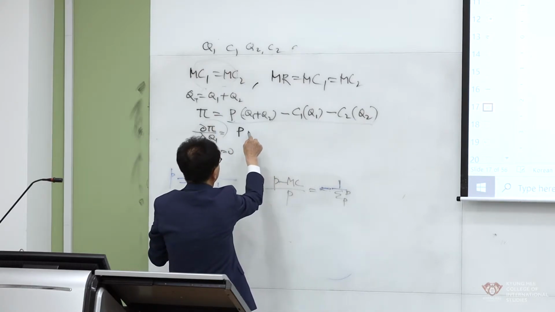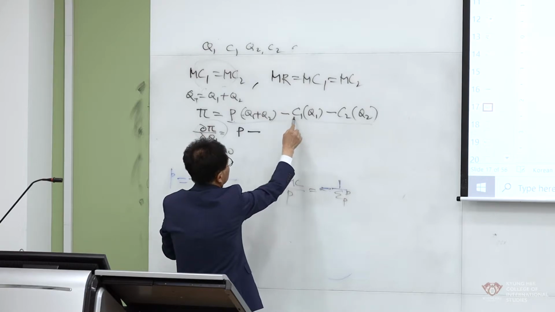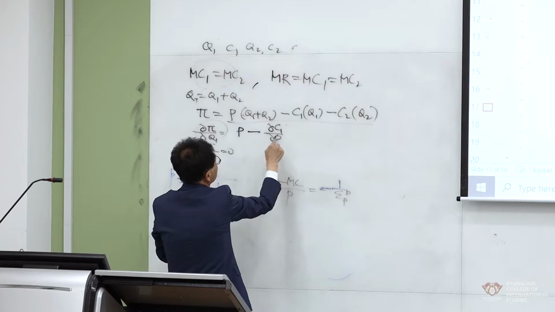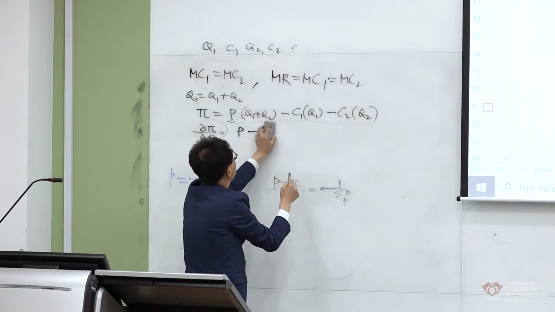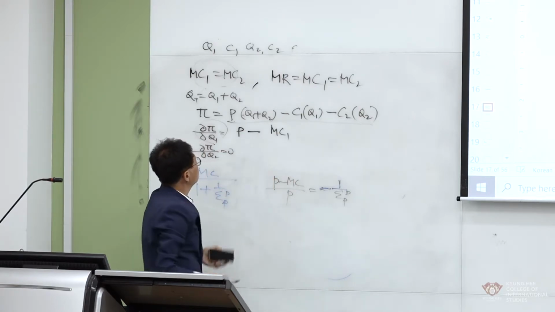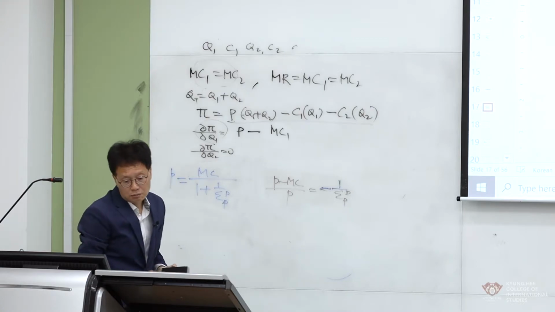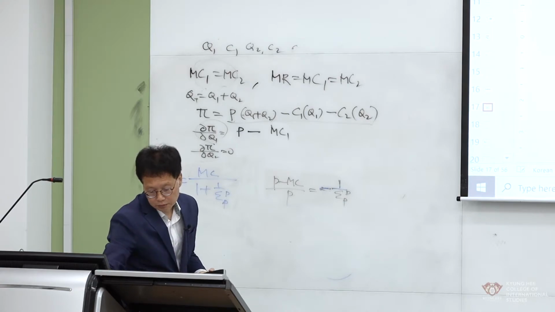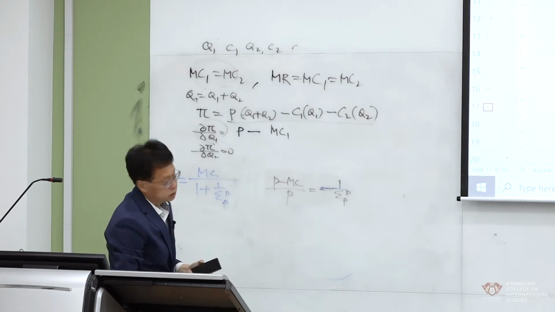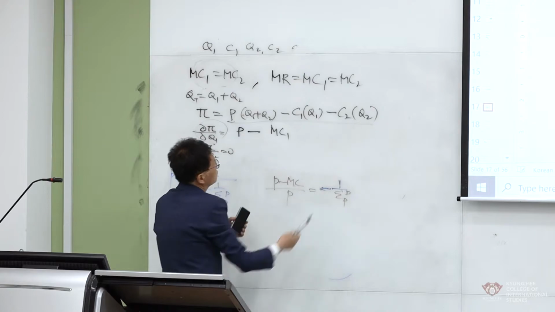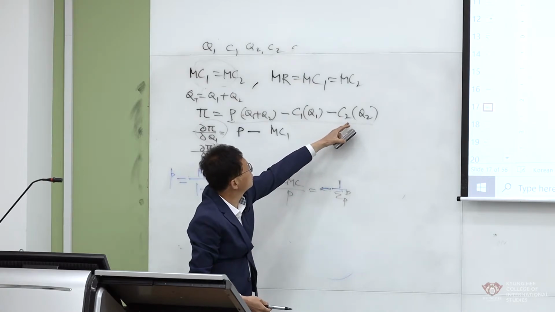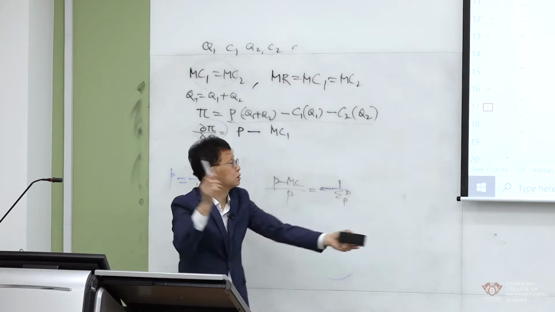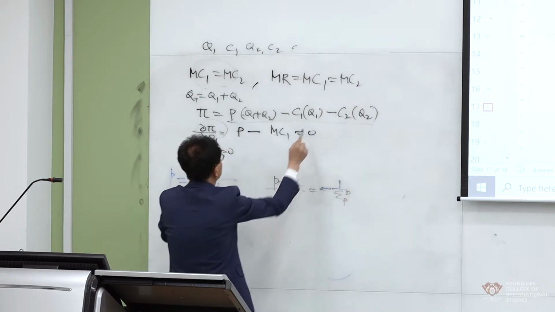And minus the derivative of C1 with respect to Q1. That is marginal cost, isn't it? That is marginal cost. And for the cost function, the first derivative of C2 with respect to Q1 is equal to 0.